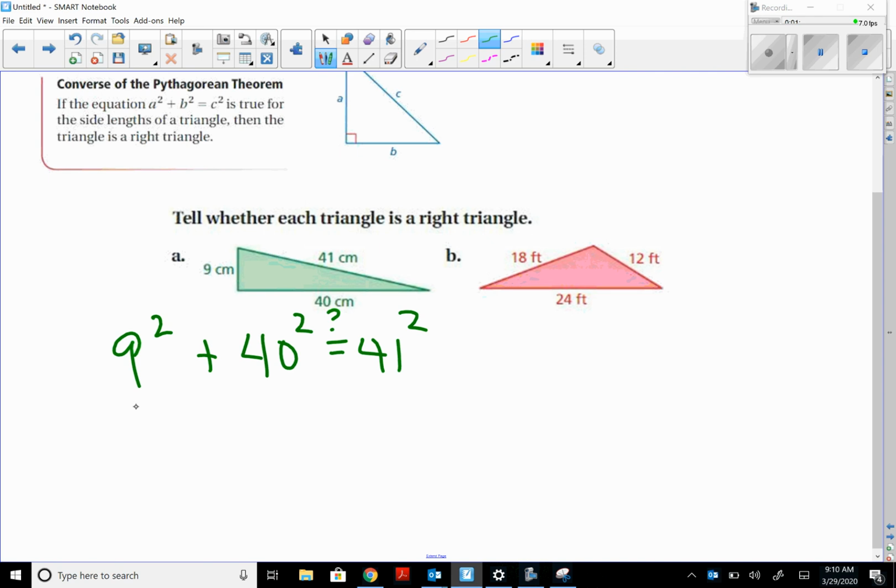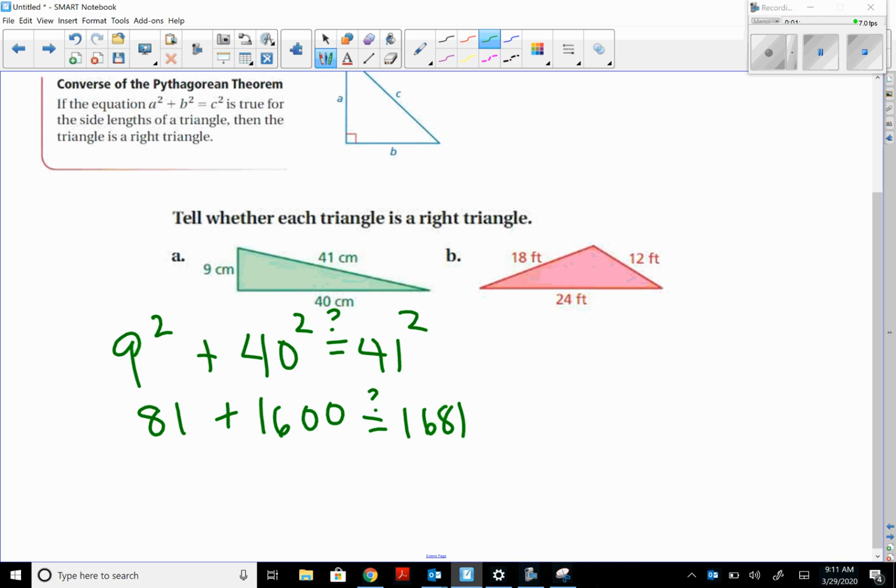So 9 squared is 81. 40 squared is 1600. And 41 squared is 1681.